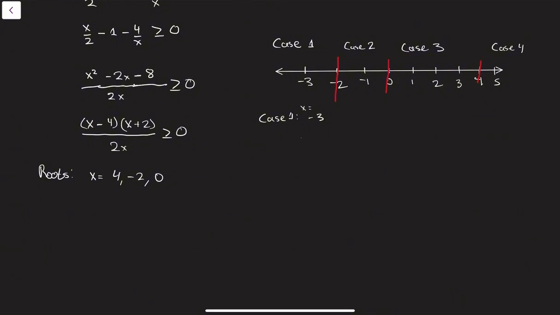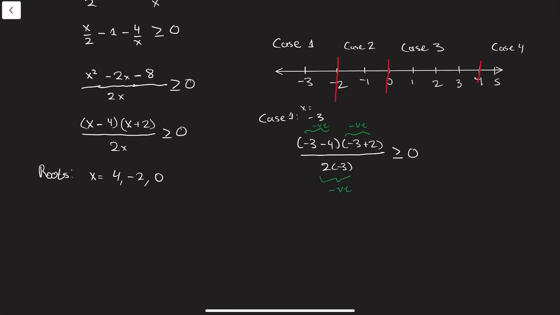So then we'd have negative 3 minus 4, negative 3 plus 2, 2 and negative 3, which has to be greater than or equal to 0. So instead of solving it all the way again, let's just analyze the signs of each of these. So we know that this right here is negative, that is negative, and this is negative.